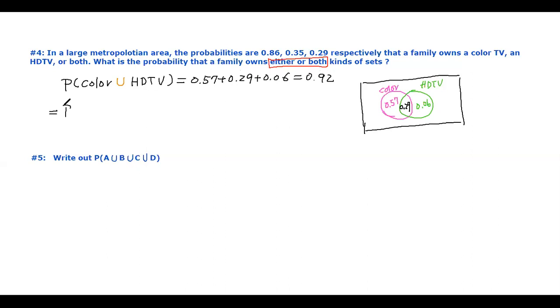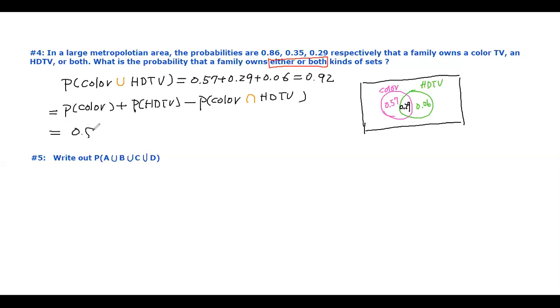So you can rewrite this as the probability of color plus the probability of HDTV, then minus the probability of color and HDTV. And is intersection, right?